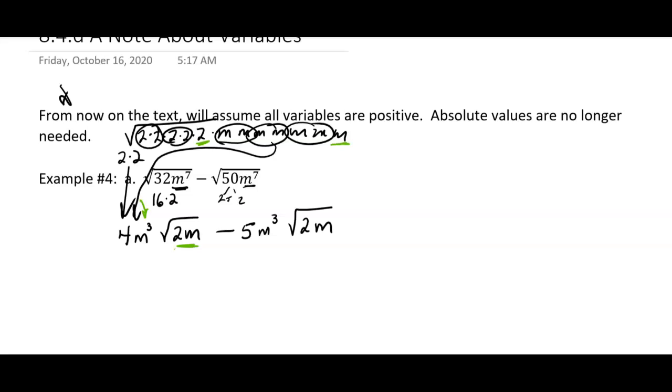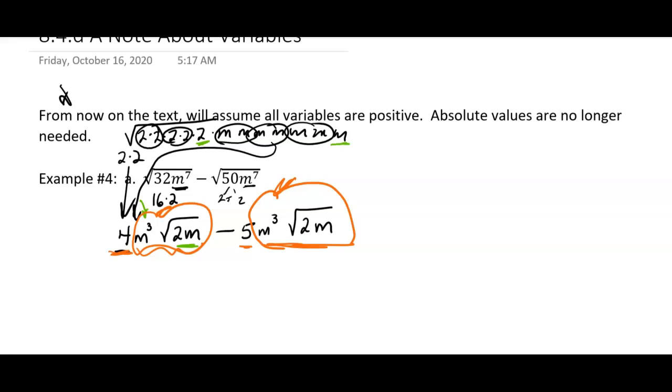Okay, so we have 4 of this thing, m cubed square root of 2m. Then we have 5 of the same thing. It's like a big pumpkin maybe, and it's the same as this pumpkin here.